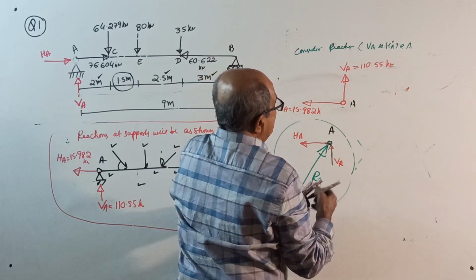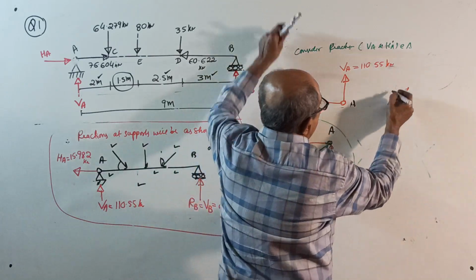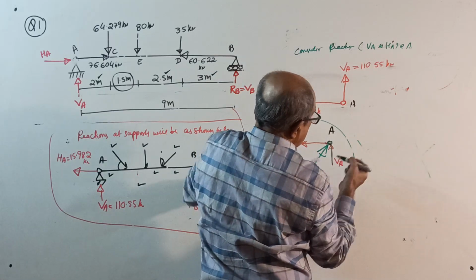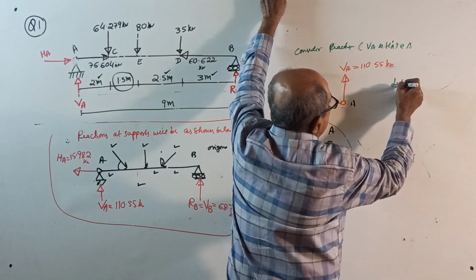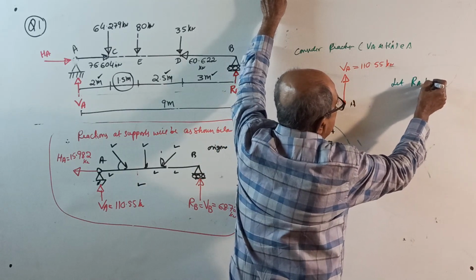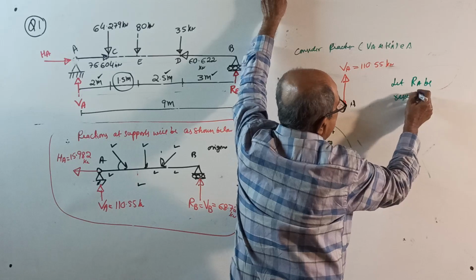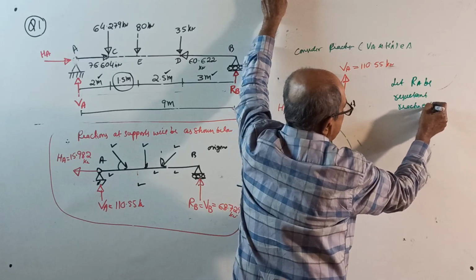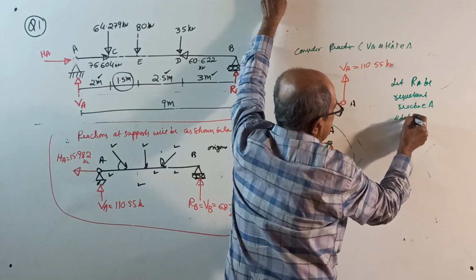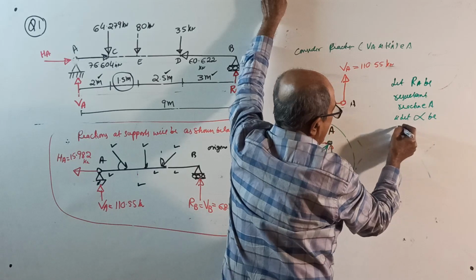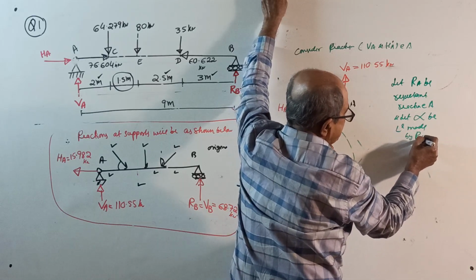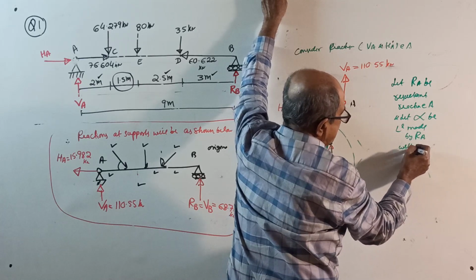Then write: let RA be resultant reaction at A, and let alpha be the angle made by resultant reaction RA with horizontal.